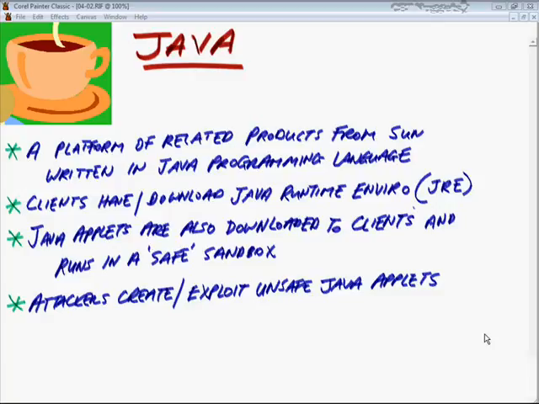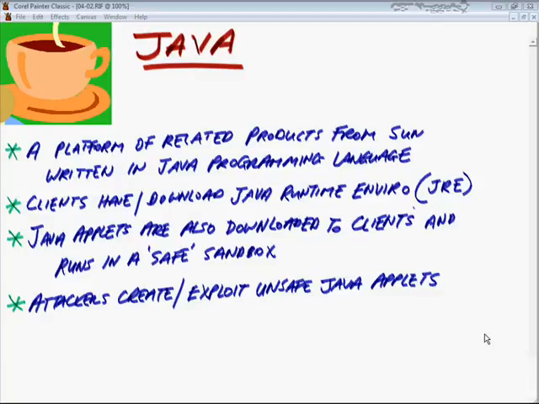So it's considered safe. It won't try to get access to sensitive system areas. However, there can be errors in the Java virtual machine that runs the applications, and some applications can run outside of the sandbox. Also, renegade applets can be unsafe and perform malicious operations. So it's possible, again, through the browser to disable Java applets and JavaScript from running.